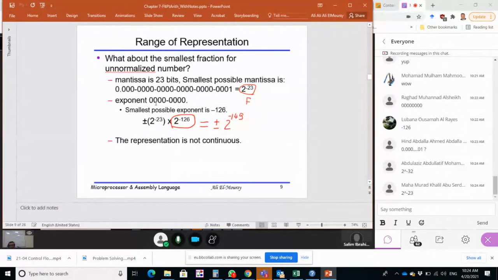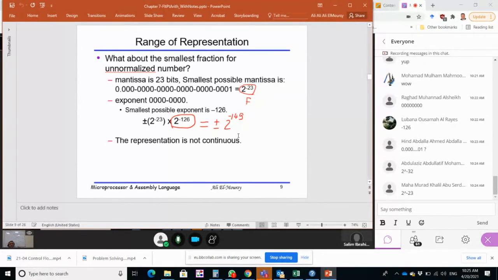The smallest exponent ever, now we are in slide 9. Okay, when I have the exponent equal to all zeros, we assume that the exponent value here is minus 126. يبقى the total بقى, the smallest possible fraction that I can represent here is 2 to the power minus 23 for the Mantissa and 2 to the power minus 126 for the exponent. يبقى the smallest fraction ever that I can represent is 2 to the power minus 149.